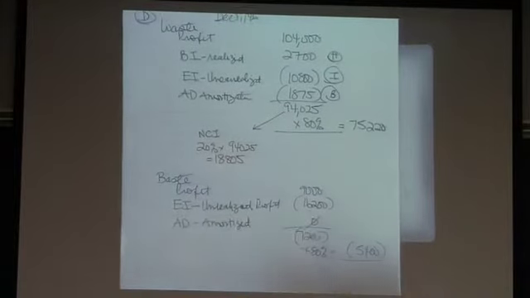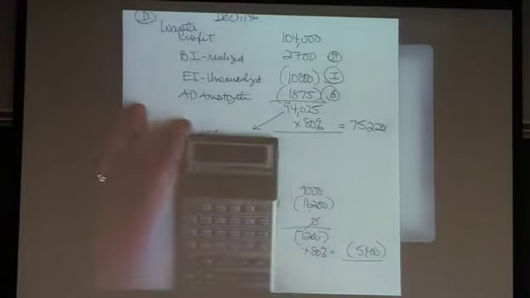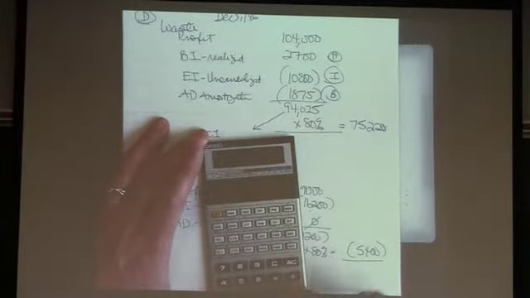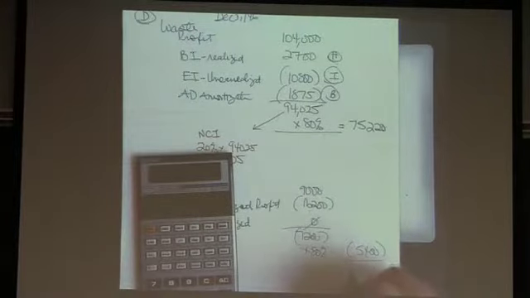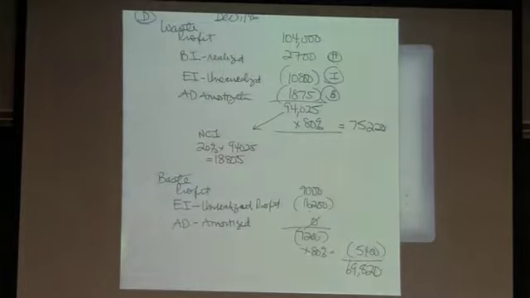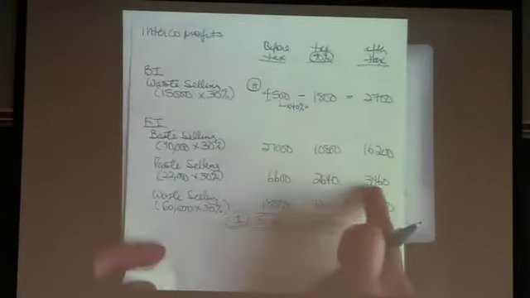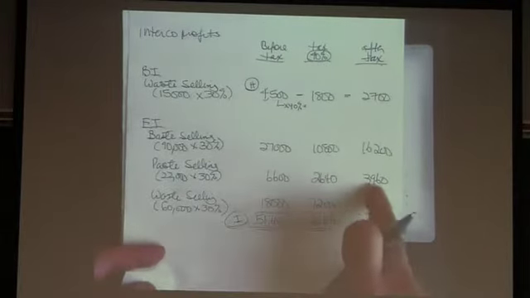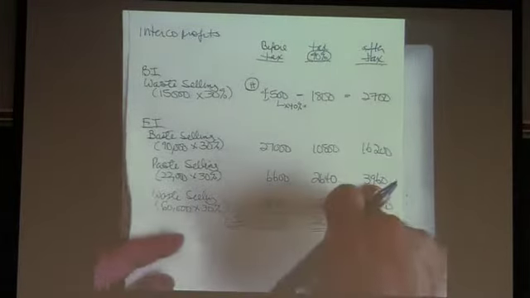So the equity income is going to be 5,400 less 75,220, which is 69,820. But hold on. Wasn't there intercompany profit too? Pace sold, it was a downstream sale. We need to take that profit out as well.